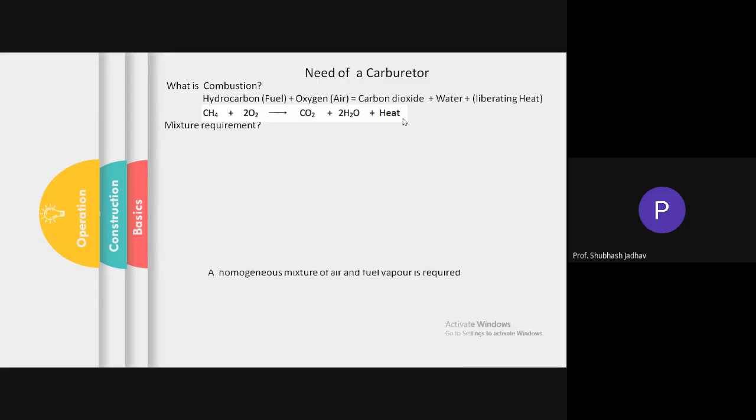Now, what is the mixture requirement? The mixture requirement is that it should be a homogeneous mixture of air and fuel. What is the meaning of homogeneous? When we say it is homogeneous, we mean that if you take a sample from any corner of the mixture in a container, it will have the same amount of hydrocarbon molecules and of oxygen or air molecules.